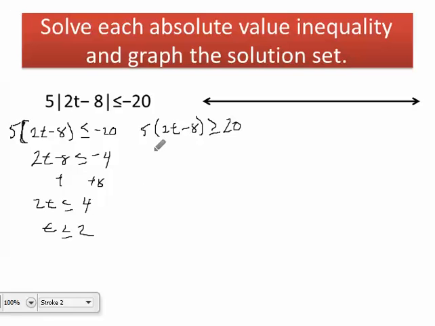Come over here, I divide by 5, and I get 2t minus 8 is greater than or equal to 4. I add the 8, I get 2t is greater than or equal to 6. No, I'm sorry, 8 and 4 is not 6. 8 and 4 are 12. And when I divide by 2, I get t is greater than or equal to 6.